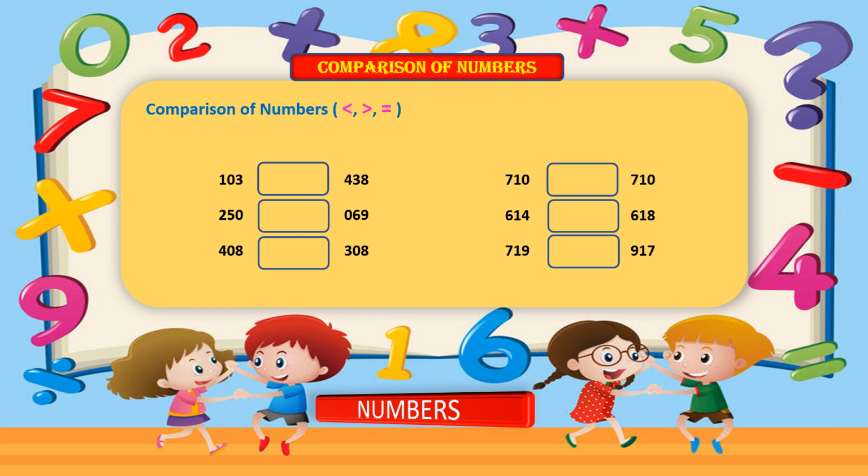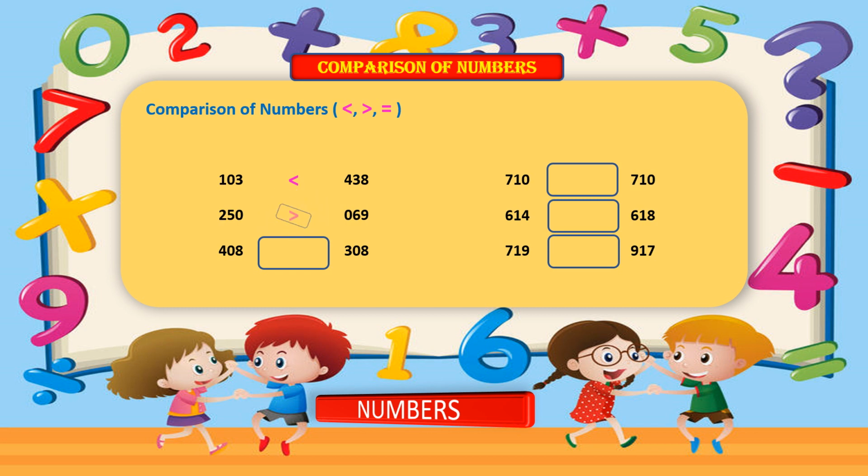Comparison of numbers by using the symbols lesser than, greater than and equal to. First compare the numbers 103 and 438. The answer is 103 is lesser than 438. Next, compare the numbers 250 and 69.